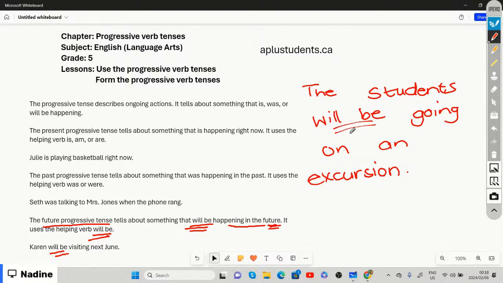But they will be going is a verb. So it can either be going on the school trip next week, next month, right? Next Wednesday, for example, next Monday, depending. But it will be happening, right?